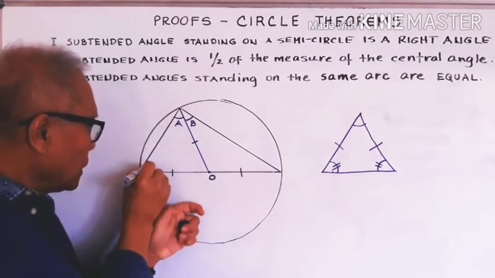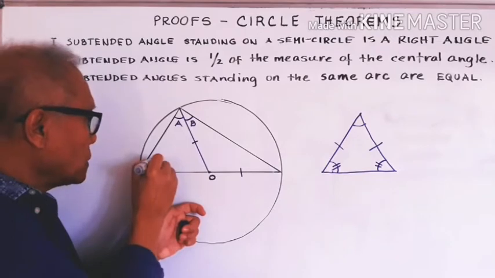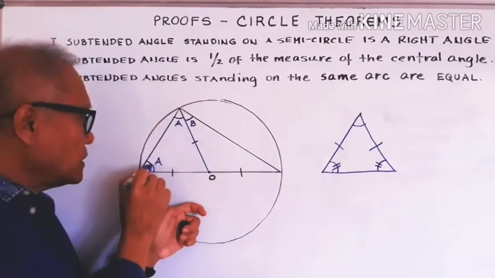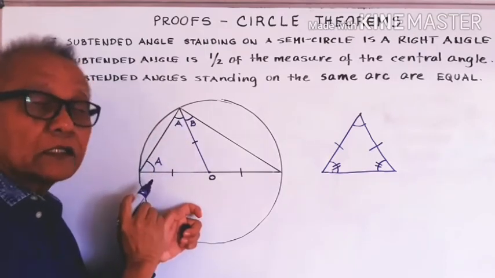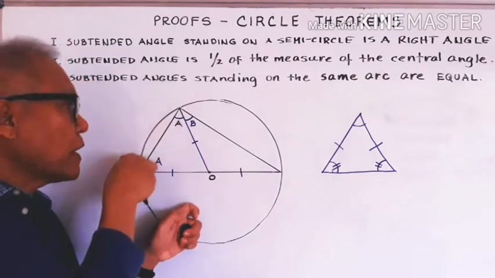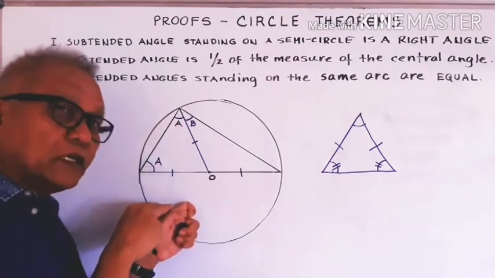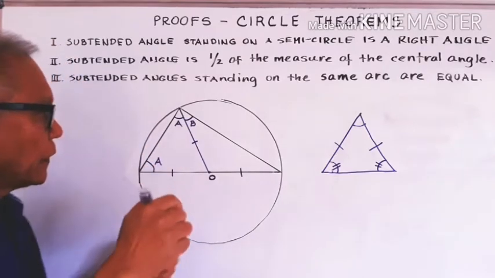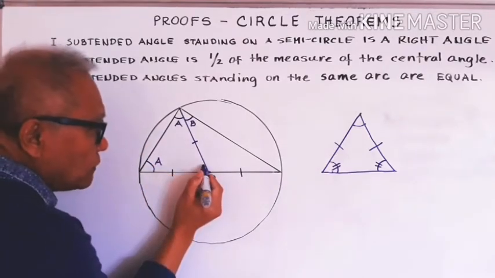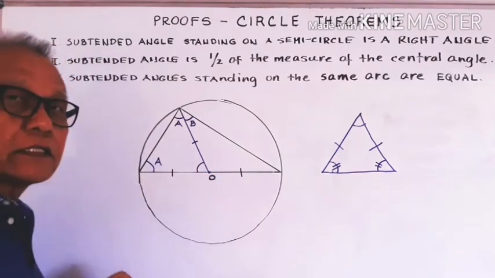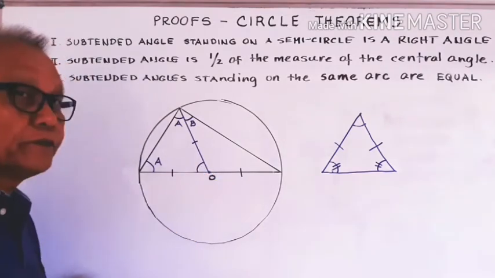So we're going to put A here also. See? This angle A here and this angle A here are the base angles of this triangle. So that's why they have the same letters, A and A. Okay. How do you find this angle here? Let us find this angle here, class.